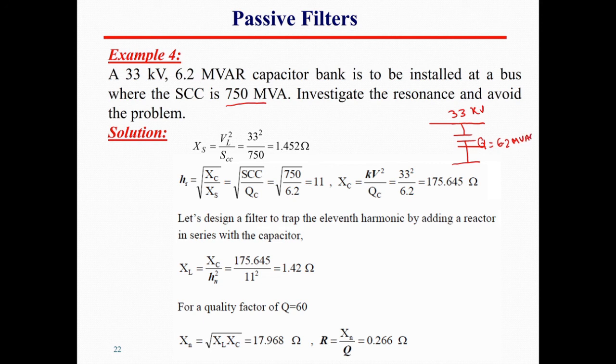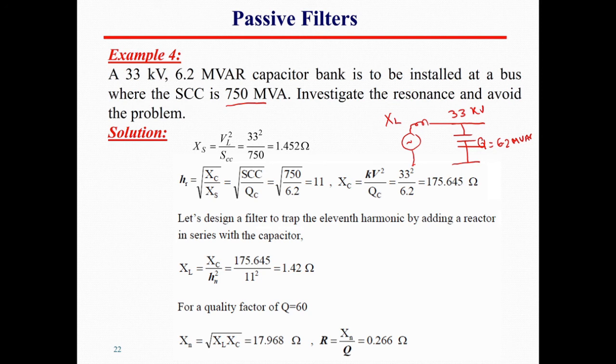And over here we have the system impedance, and the short circuit level is 750. So from here we can calculate XL.